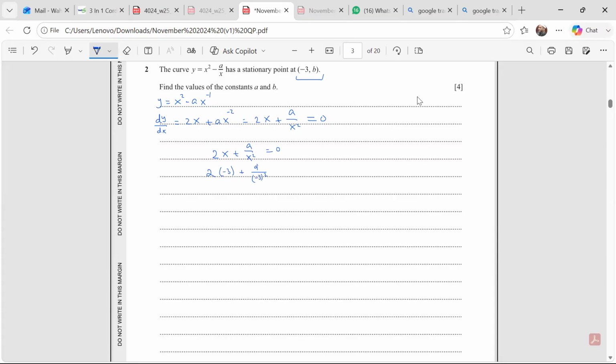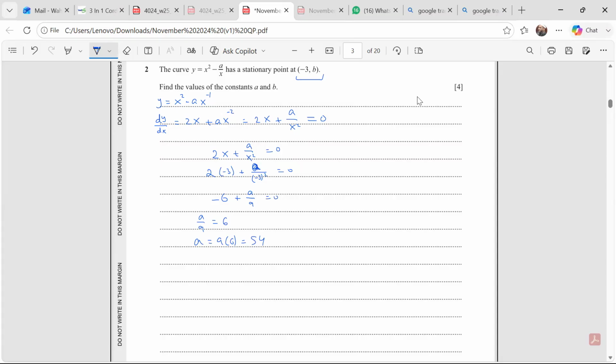Sorry, this is not 9, this is a. I misread my own writing. So 0. This is minus 6, plus a over 9 is equal to 0. So a over 9 is equal to 6, and a is equal to 9 times 6. This is 54. So we learned that the value of a is 54.